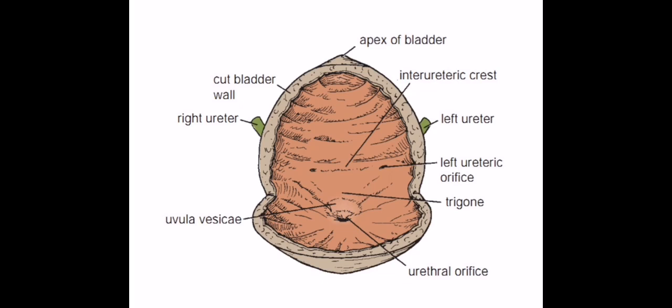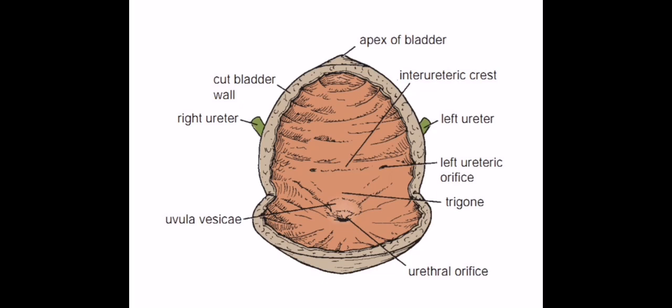Here the mucous membrane is always smooth even when the bladder is empty, because the mucous membrane is firmly adherent to the underlying muscular coat. The superior angle of the trigone corresponds to the ureteric orifices and the inferior angle corresponds to the internal urethral orifice.